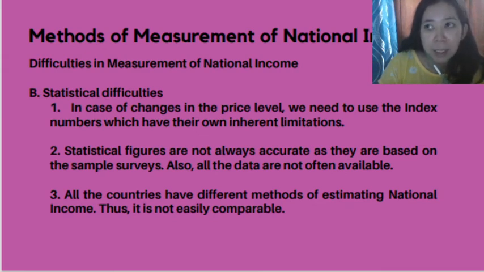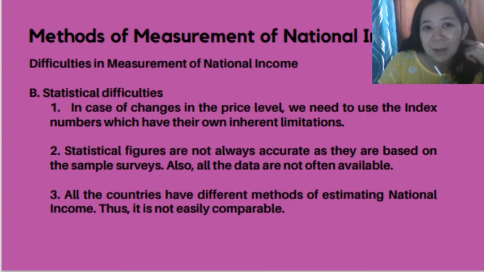So normally the indices are averages, meaning to say there are prices that are above and below it. So how relevant is the index that we will use for the measurement of the national income? That is the question.